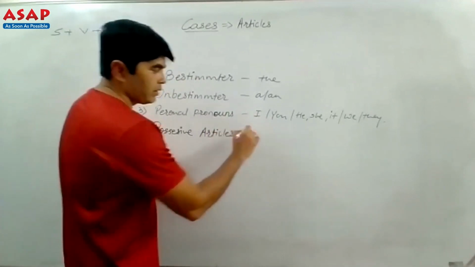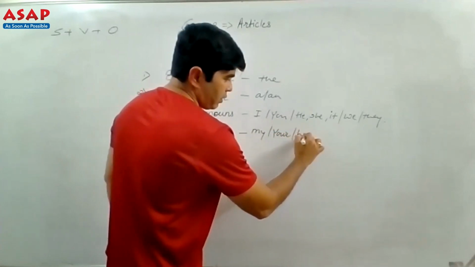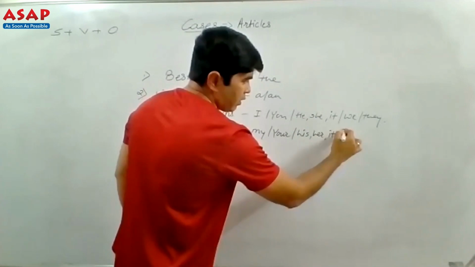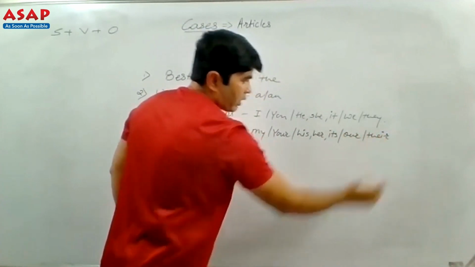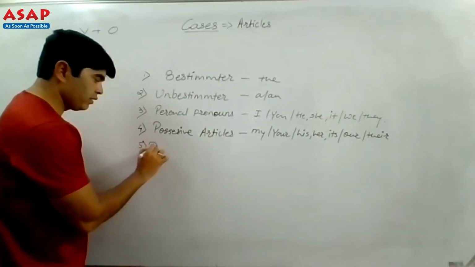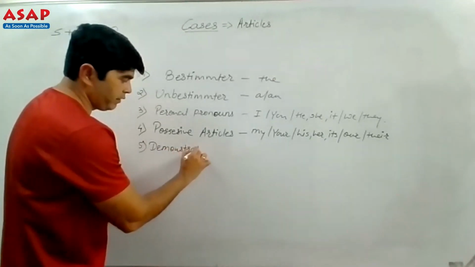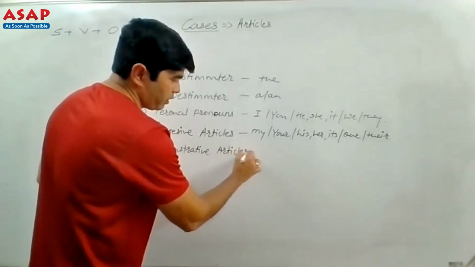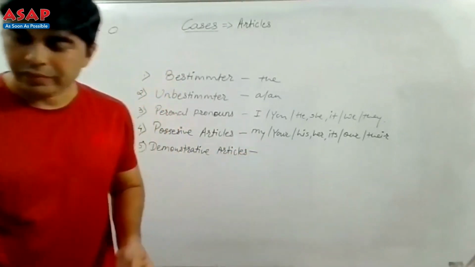Then possessive articles are my, your, his, her, its, our, their. Okay, this part will be affected. Fifth one is demonstrative articles. Do you know what demonstrative articles are? Can you tell me?